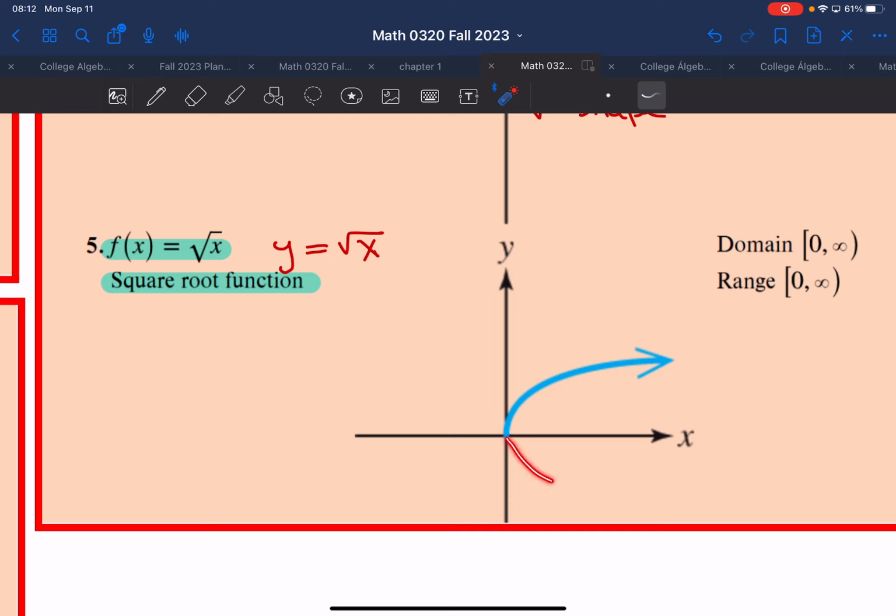Because we could finish that off here and make the rest a quadratic, but it's only half of it. So it could go in this direction, it could go in the other direction, it could go in this direction, okay? Depending on what is added to that parent function is going to determine which way it goes. But it's always going to have this shape. It's always going to look like a quadratic function cut in half.